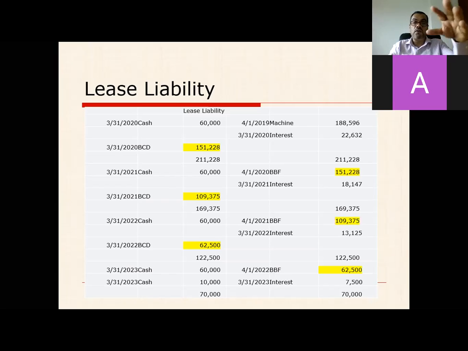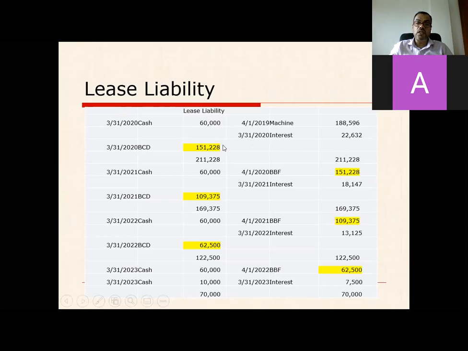Then the respective journal entry would be interest expense debit and the lease liability credited. Then the total amount is going to be 211,000 something, but we know that at the end of the year the installment, what we call the rental, is paid. So by that amount the full amount is deducted, therefore the carried down balance would be 159,000.